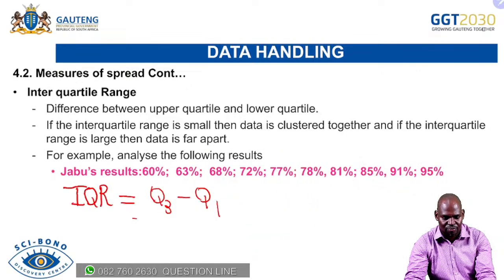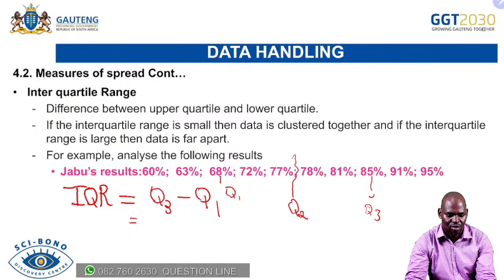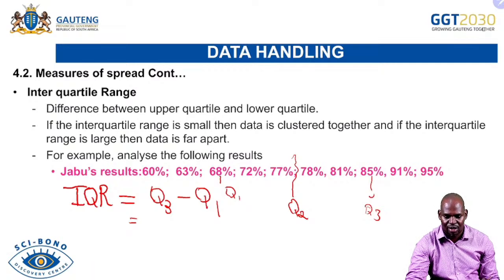For that one, remember we said this is our median, that is our quartile 2, and then our quartile 3 is 85, and then our quartile 1 is 68. So we said for quartile 3 it's 85 and quartile 1 it's 68.